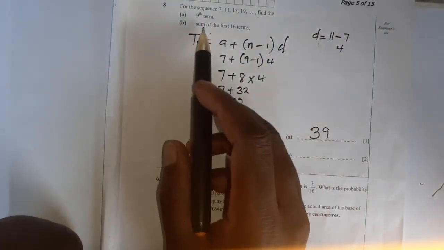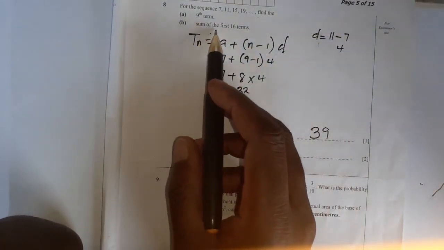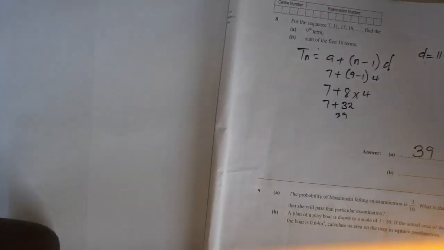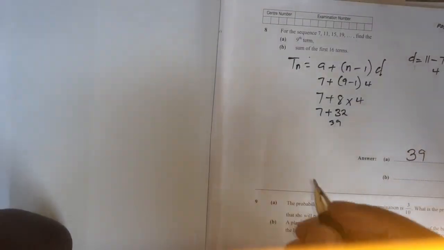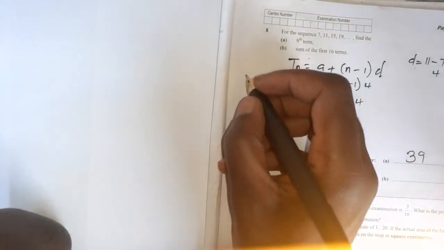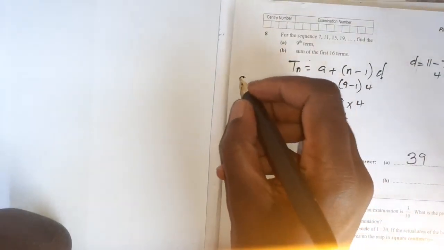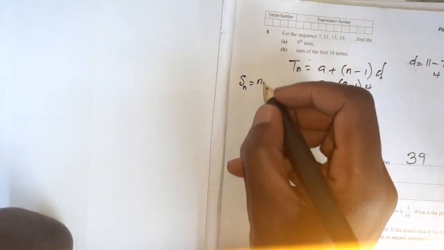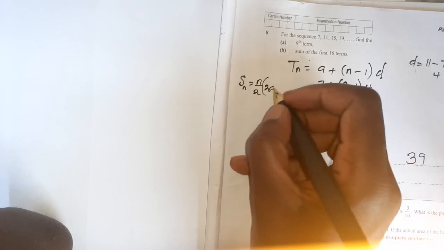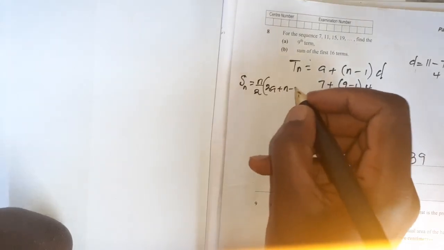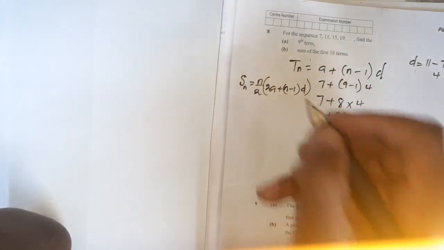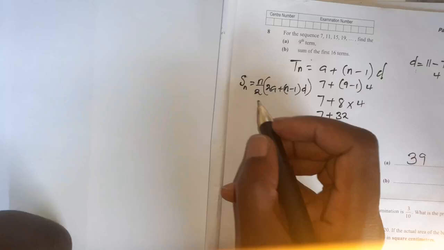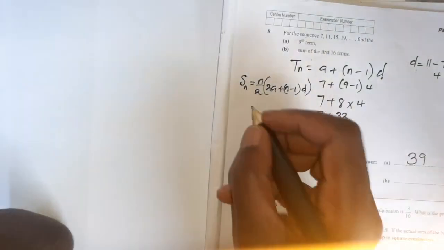Then the second one is the sum of the first 16 terms. I'm sure you know that the sum of the nth term is given by the formula n over 2, open brackets, 2a plus n minus 1 times d. So we want the sum of the first 16 terms.